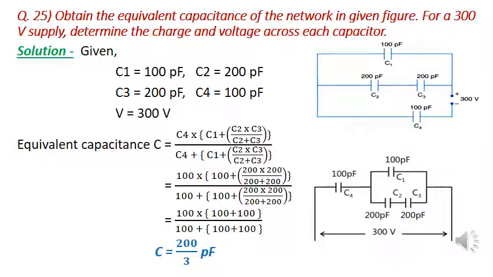Here I have done the whole calculation in a single formula. Since C2 and C3 are connected in series, we will use the formula of series combination to find the equivalent capacitance, which is C2 into C3 upon C2 plus C3, and these two capacitors are connected in parallel with C1.